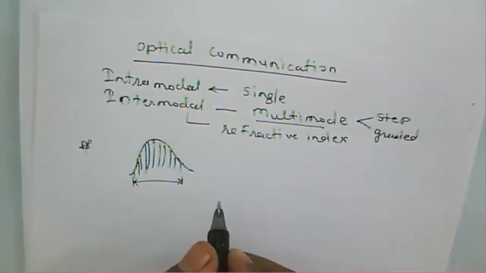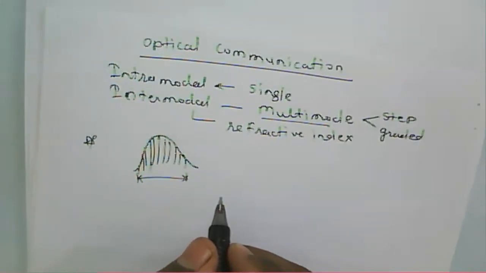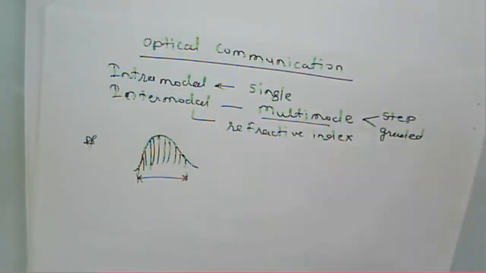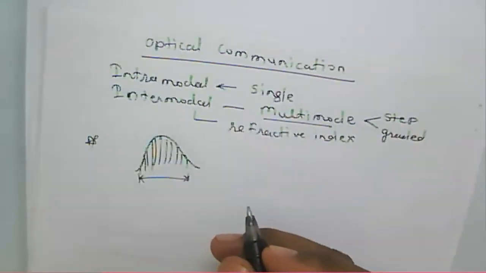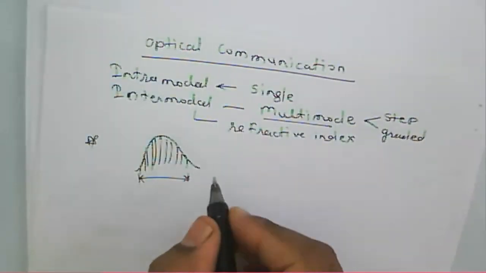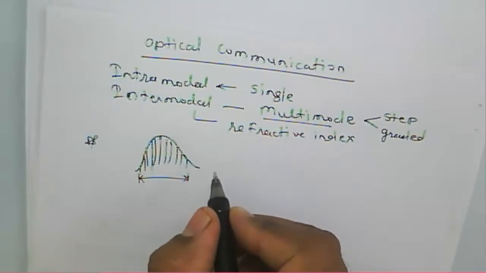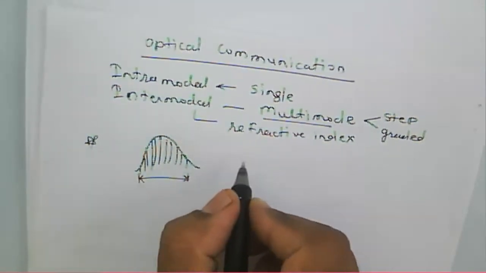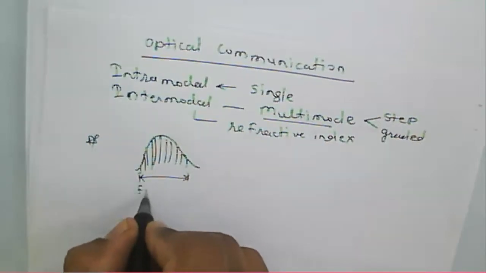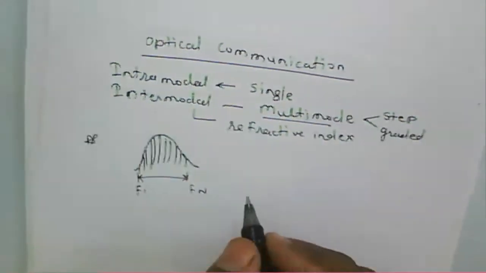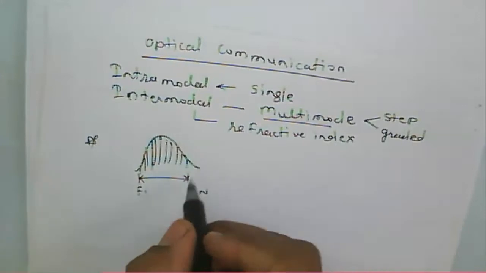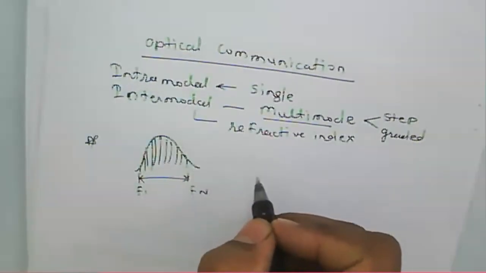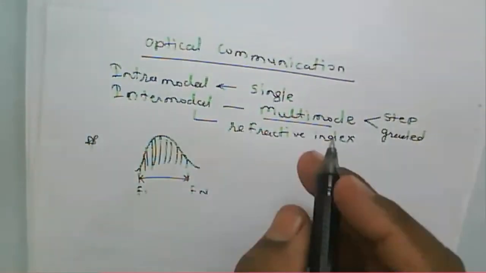Because there is a phase difference, or a phase delay, we'll talk about phase difference later. Because of that phase delay, the velocity of each and every component will change. Say the frequency components are f1 to fn: the last frequency component will reach first and the first component will reach last.